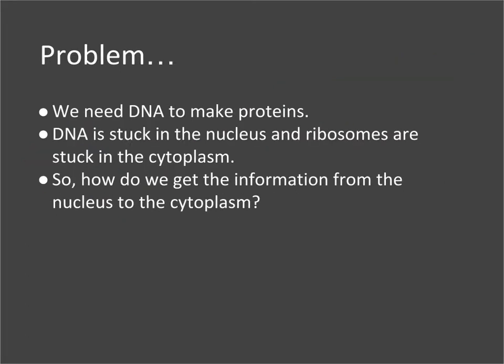So as we outlined on the last slide, we need DNA to make proteins, but DNA is stuck in the nucleus and the ribosomes are stuck in the cytoplasm. So how do we get the information from the nucleus to the cytoplasm? Because DNA is too big to leave the nucleus. So how do we get this information stored in DNA from the nucleus out into the cytoplasm?